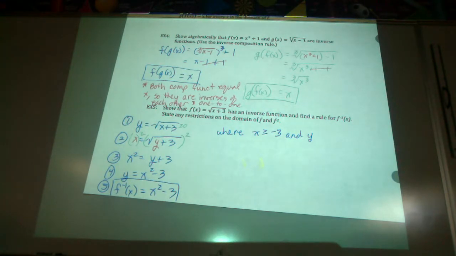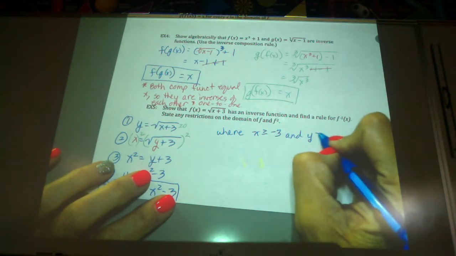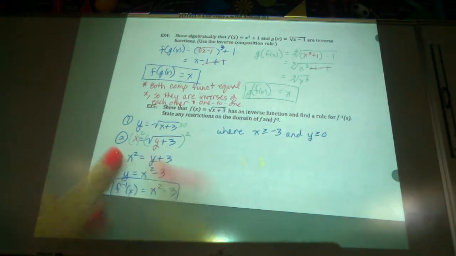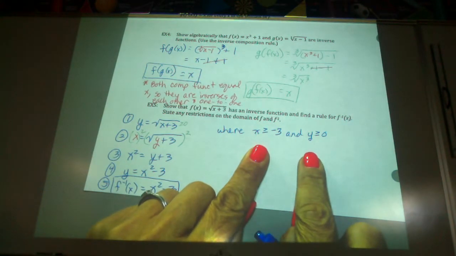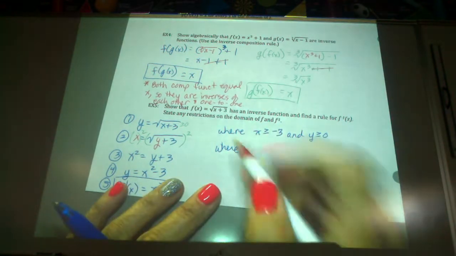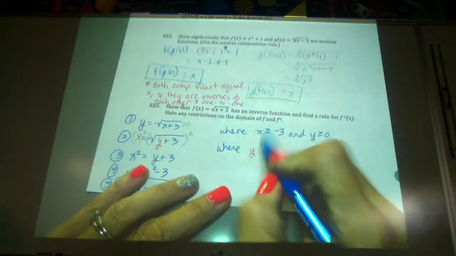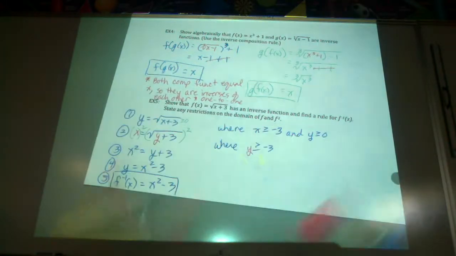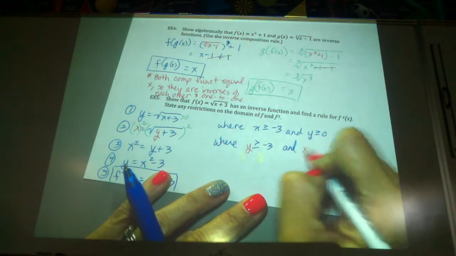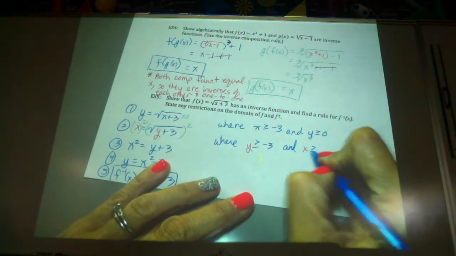True? So y is going to be greater than or equal to 0 because y is the answer to a square root. When we switch the x and the y, we get y is greater than or equal to -3 and x is greater than or equal to 0.